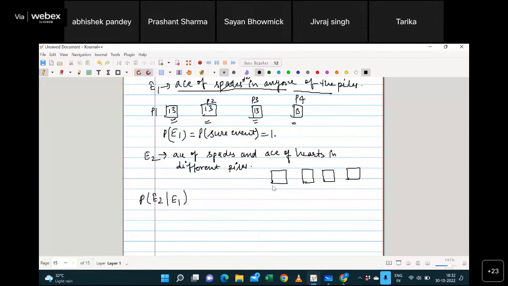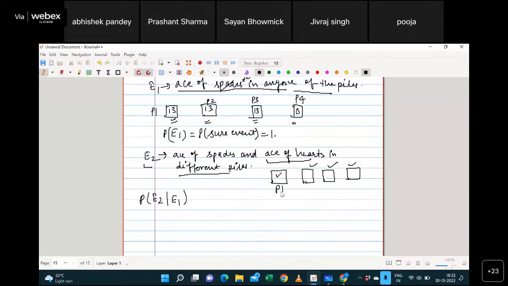So suppose I'm assuming the ace of spades is in pile 1, for example. The ace of spades and the ace of hearts should be in different piles. According to the statement of the E2 event, they should be in different piles, right?